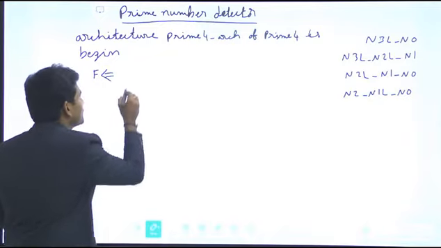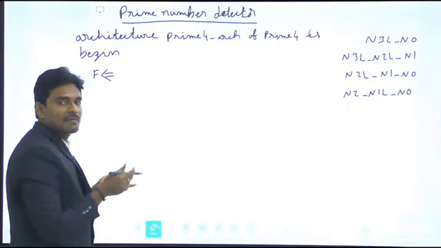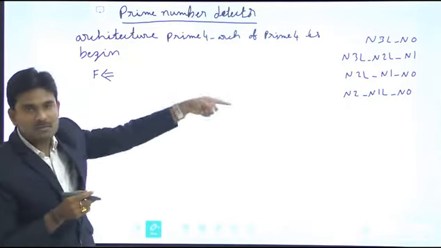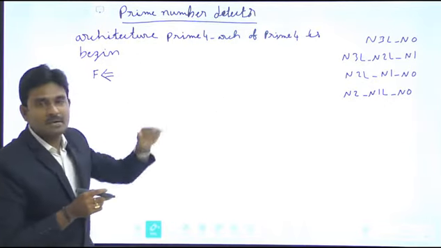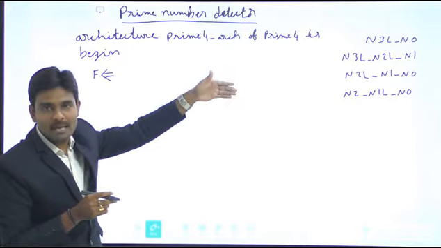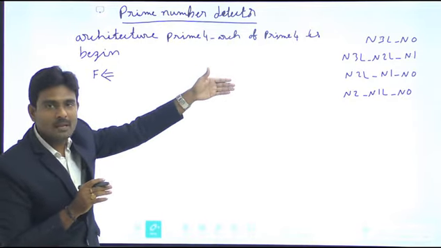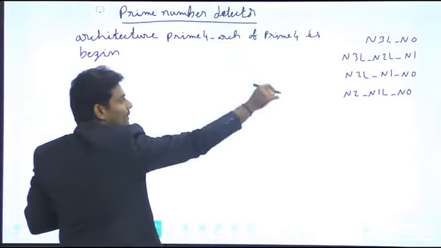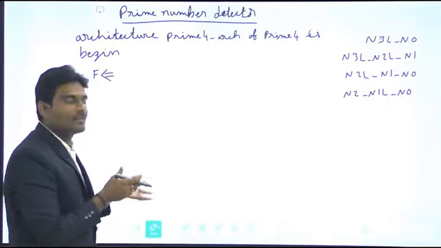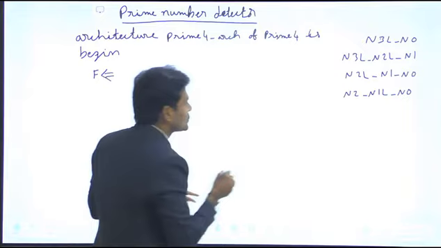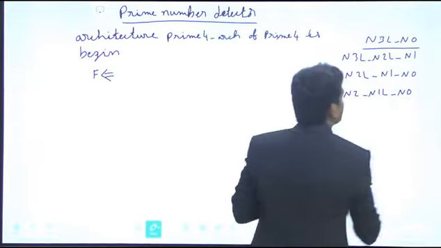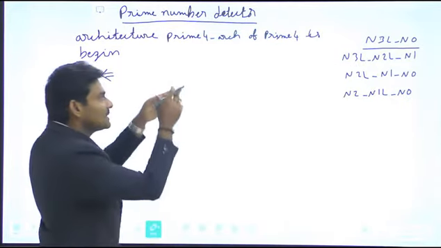Anyway, the 4 inputs are those 4 itself, so I mentioned them over there for reference purposes only. Performing the OR operation between all of those, finally we get the F value. So what are we supposed to write first? N3L_N0.